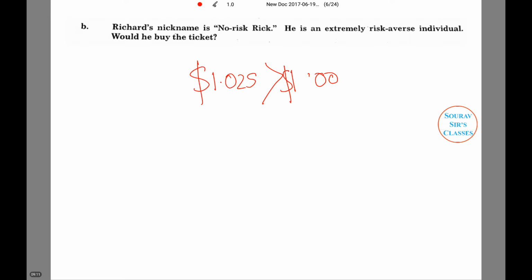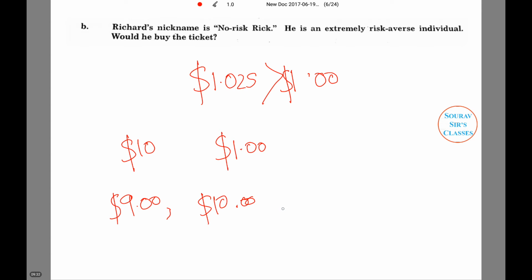For example, if his wealth is $10, let's take an example. He buys a $1 ticket. He would have $9, $10 and $11, taking a fourth possible outcome of $16.5.